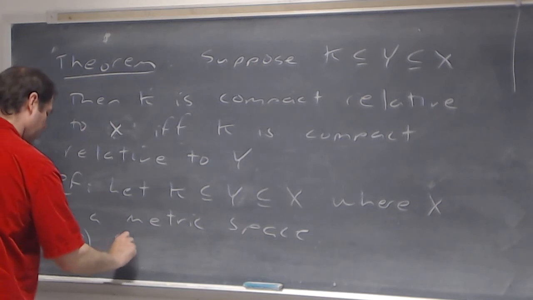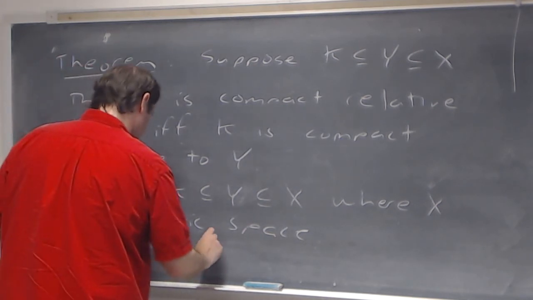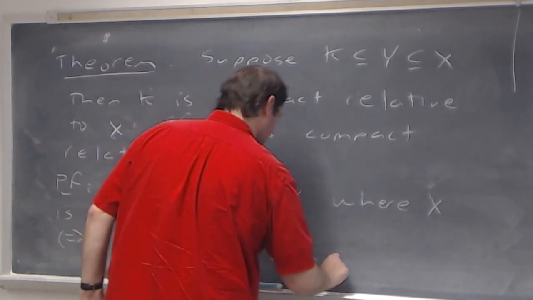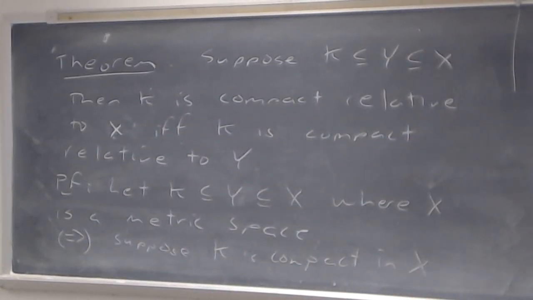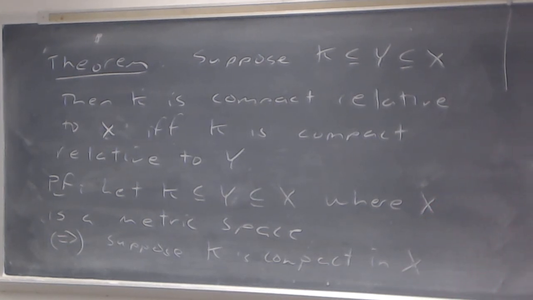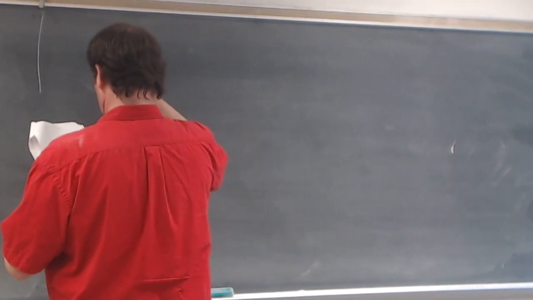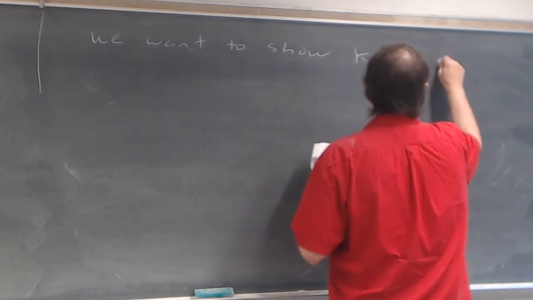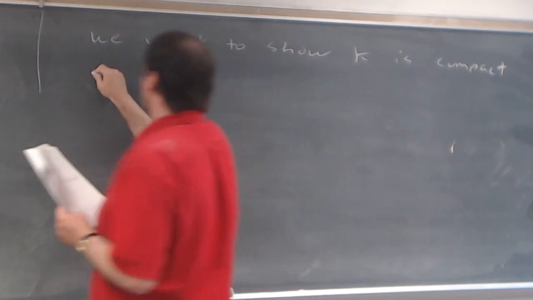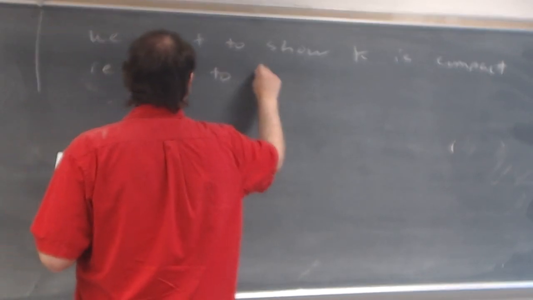So let's assume, suppose K is compact in X. We want to show that K is compact relative to Y. So how do we do this?